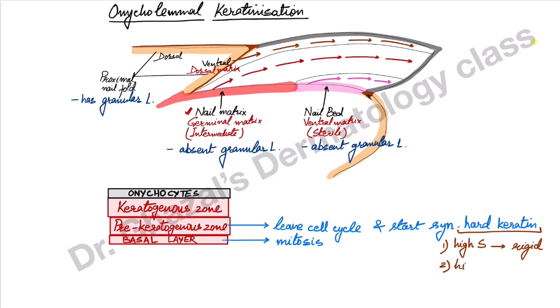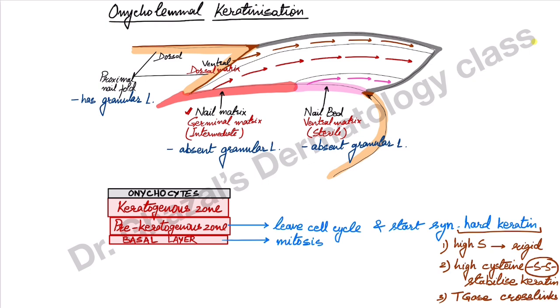The second property which is important, that it is high in cysteine. So it is having disulfide bonds. These disulfide bonds are responsible to strengthen the keratin and stabilize the keratin intermediate filaments. The transglutaminase enzymes cross-link these keratin and reinforce strength in them.